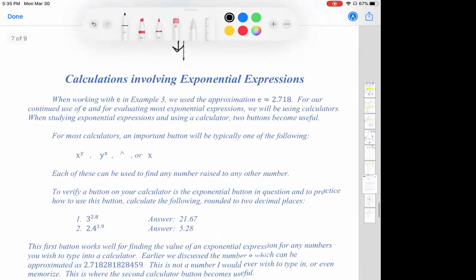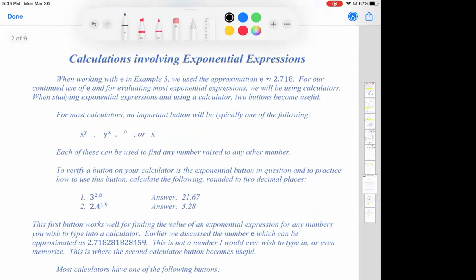How do we go about using a calculator? It depends on which calculator you're working with. If you're unsure, we can always talk about this after I go over the lecture. You can show me your calculator and I can tell you maybe what buttons to push. For the most part, I see calculators have something like an e to the x button.